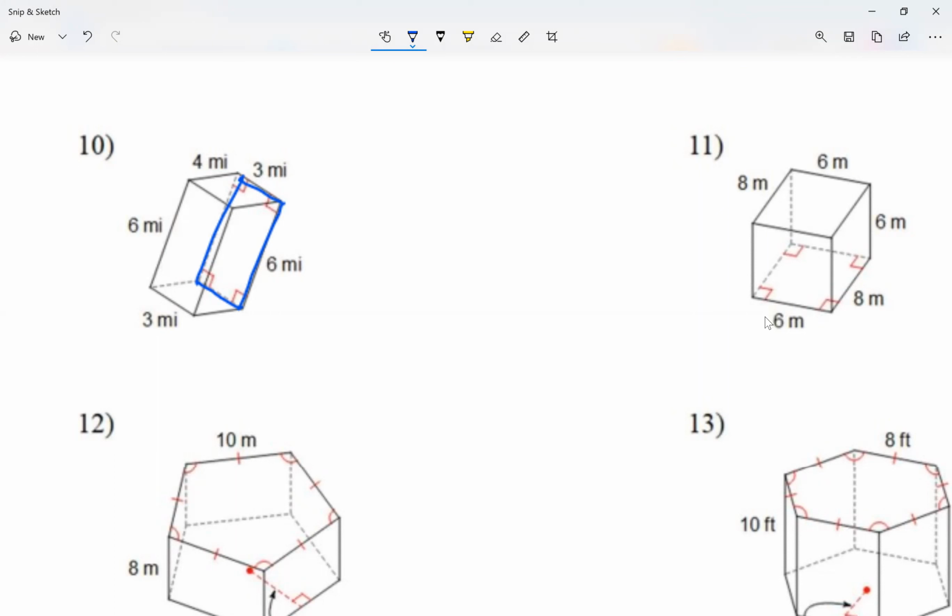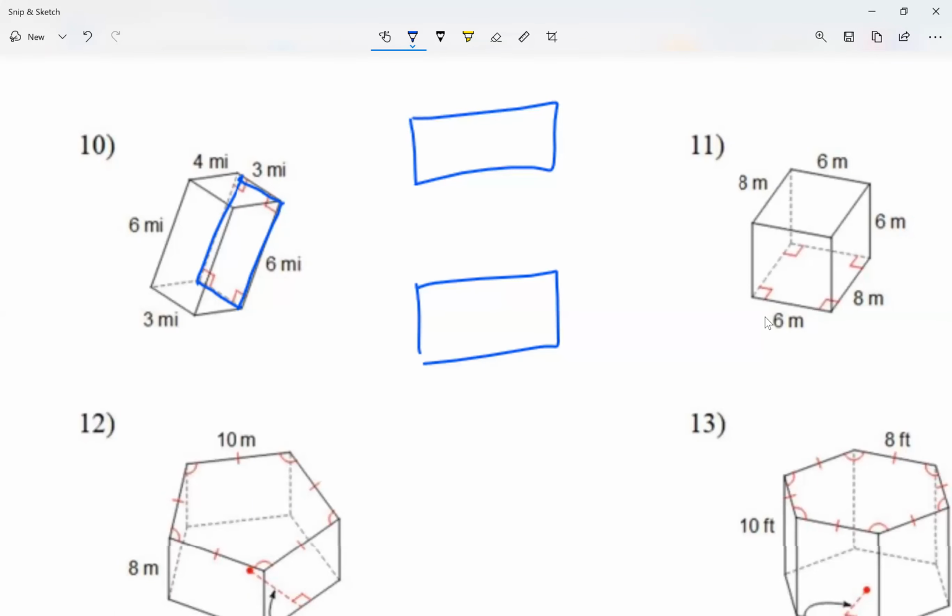In this case, the base is a rectangle. So let me do two bases, one on the top, one at the bottom. They happen to be rectangles. I highly recommend you draw out the work. Because my base has four sides, I'm going to have four rectangles in the center, so four walls.